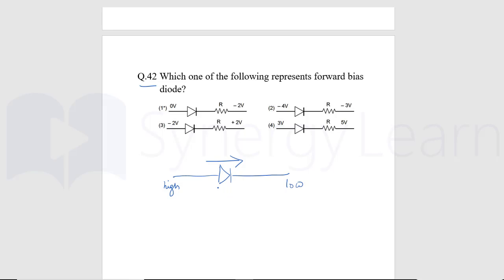That is, the P side is at higher voltage and N side is at lower voltage. So, looking at the options, the first option is the correct option because 0 is more than -2. Hence, it is a forward biased diode.